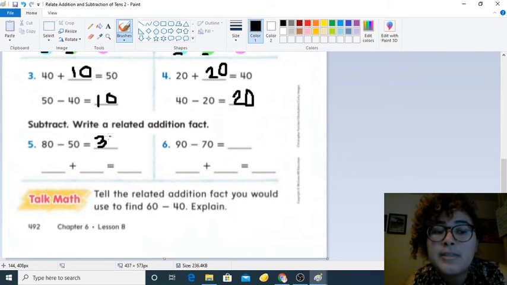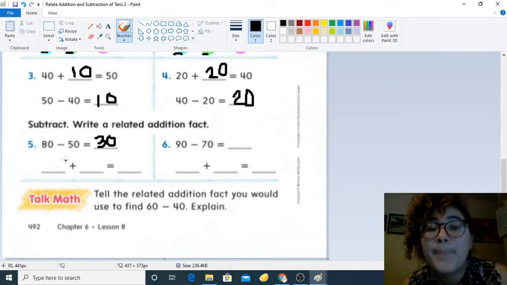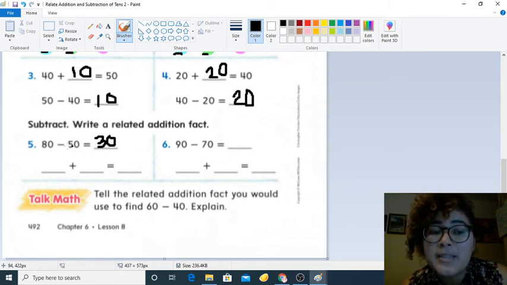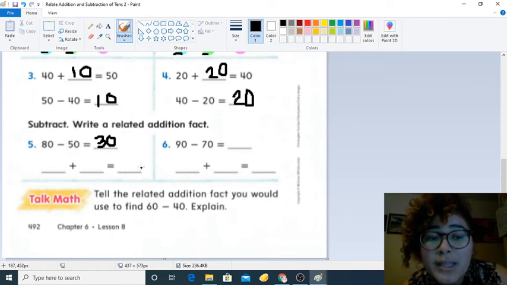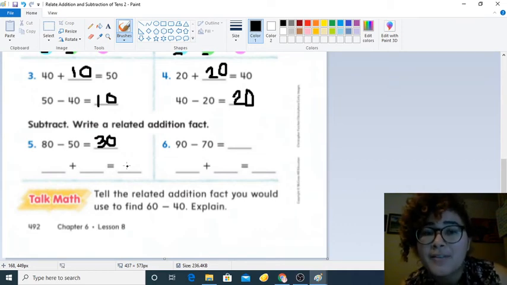Now, this is the part you have to be careful. If you are starting out with the subtraction, you need to make sure that the biggest number comes out as the total. That means that since 80 is the biggest number and it's the one that we are subtracting from, it's the one that's going to be the total in the addition related fact, okay?